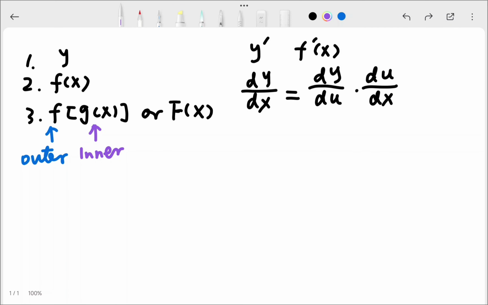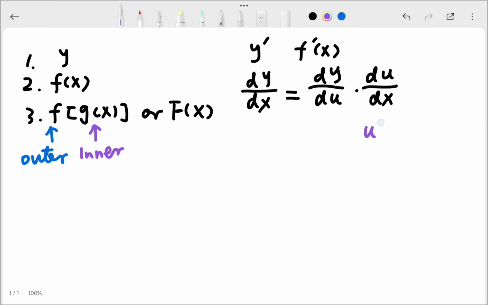What this formula says is the derivative of y with respect to x equals the derivative of y with respect to u. Whatever u is, we don't know. And then we multiply that with the derivative of u with respect to x. So this tells us u is actually a function of x.